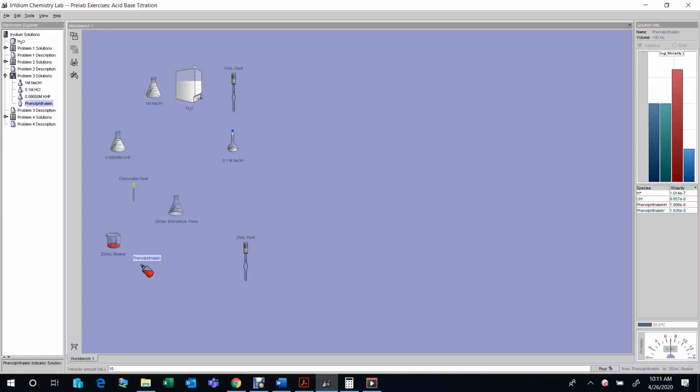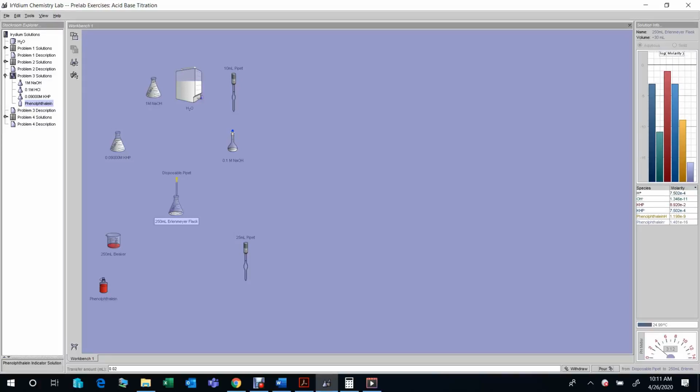Okay, and then we add some indicator. We withdraw some indicator solution, 0.02 milliliter. Withdraw that much, and then we can pour 0.02. Pour.